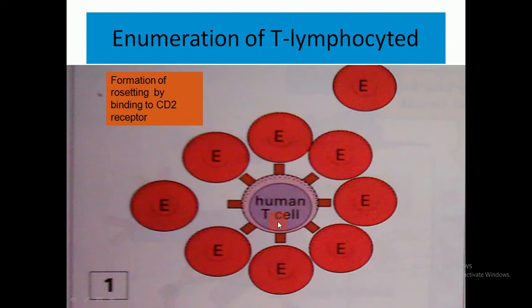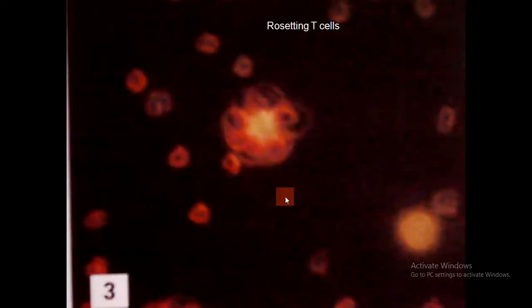And we calculate the percentage of rosette cells using a hemocytometer counter, and detect how many from 100 cells had rosetting, and get the percentage. And this is the rosetting T cells.